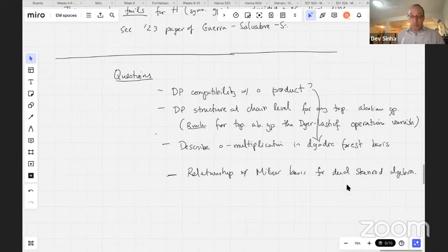Well, the Steenrod algebra is the stable cohomology of Eilenberg-MacLane spaces. It's the cohomology of Eilenberg-MacLane spectra.